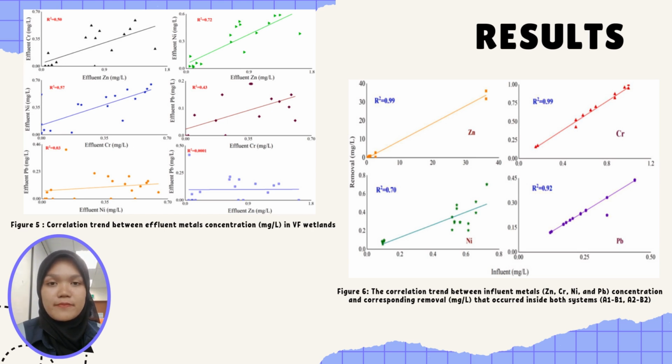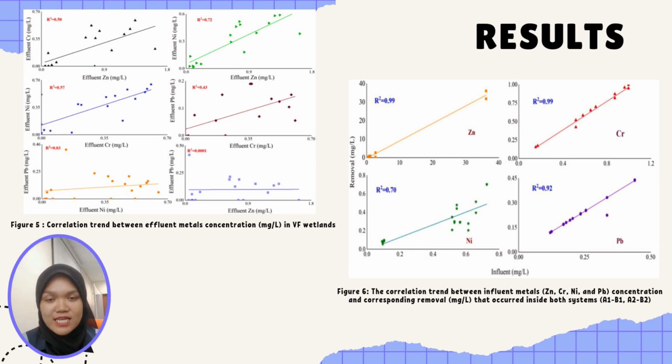However, in vertical flow wetlands, the metal lead shows a weaker trend. Figure 6 shows the correlation between metal removal concentration and corresponding removal occurred for both systems.